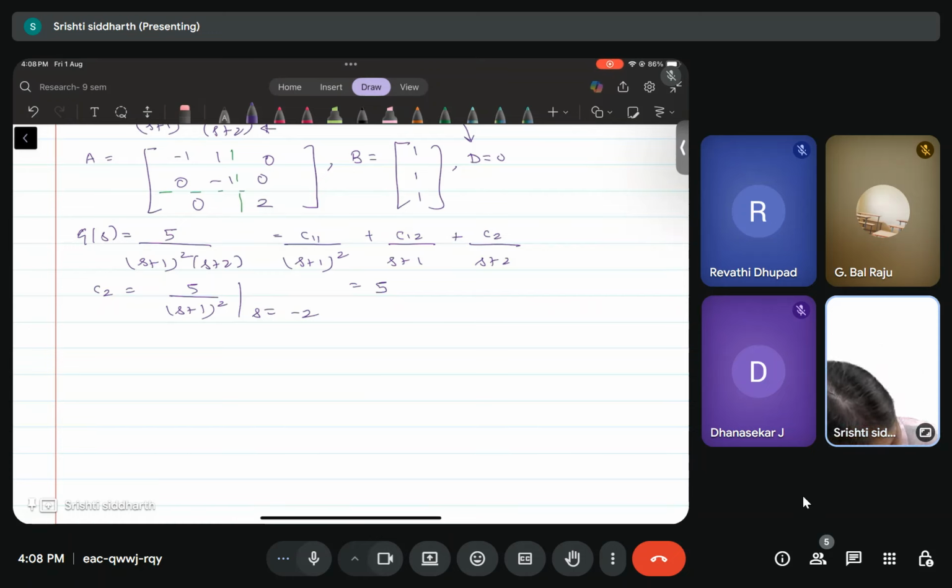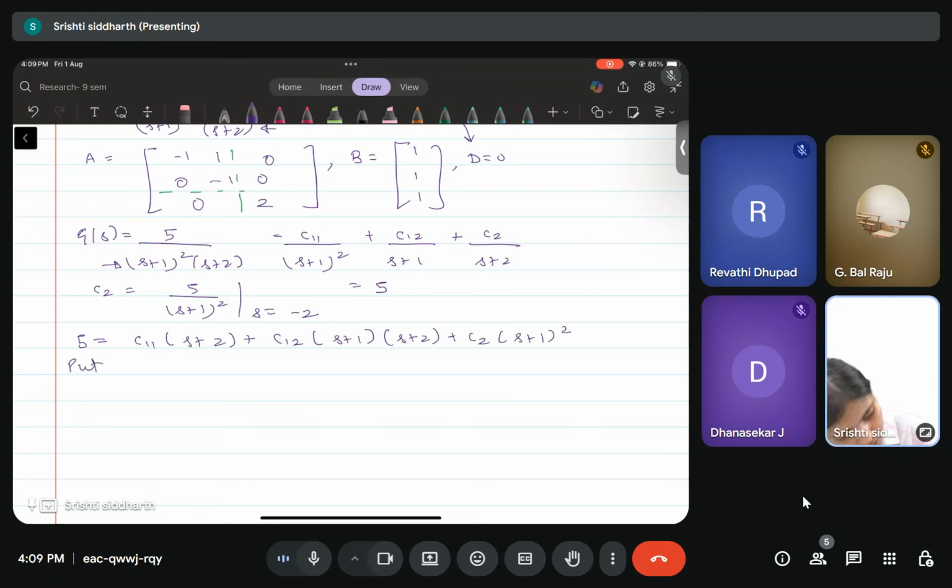Okay, so let's cross multiply by (s plus 1) squared times (s plus 2). This is 5 equals c11 times (s plus 2) plus c12 times (s plus 1)(s plus 2), and c2 times (s plus 1) squared.